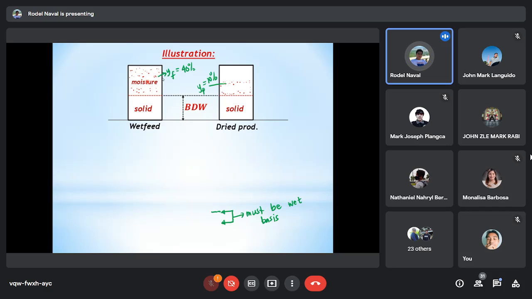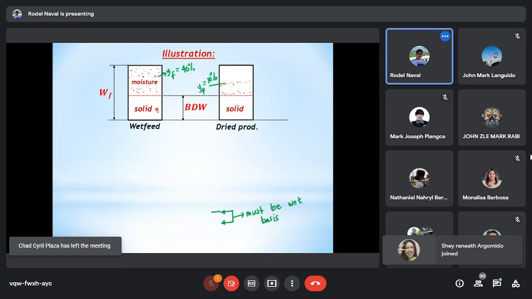Okay, this is the moisture in feed, it's YF. And this is the total weight, by the way, no? The total weight is the wet feed. So as we can see, the wet feed is moisture plus the solid. Example lang class, ha? If the moisture is 40%, then the solid is 60%.